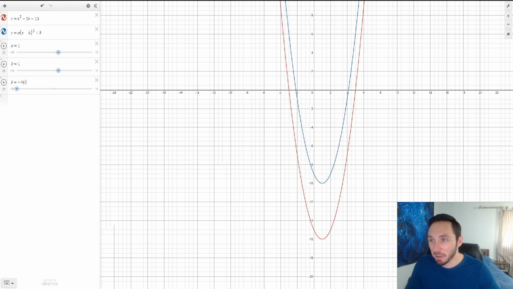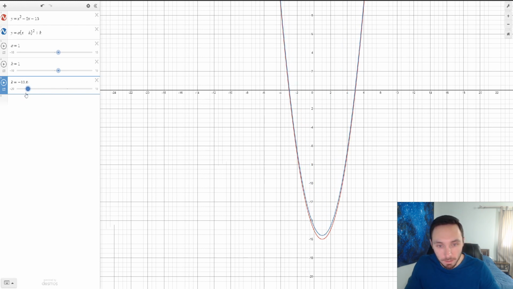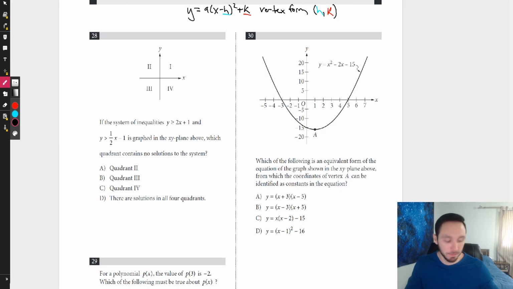I can't actually go past -10 with this current slider, but if I click this value, let's just go to -20, maybe that'll be enough. And bam, look at that fit. When I have an h value of 1 and a k value of -16, I win. So I'm just plugging those into my expression.